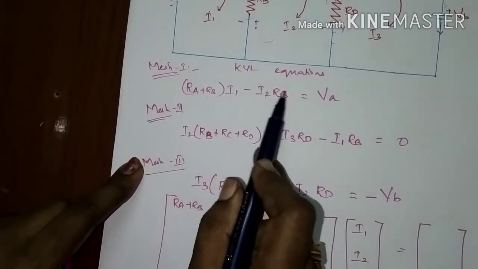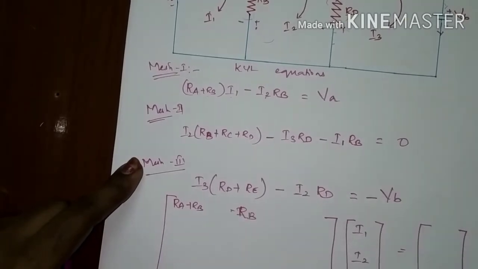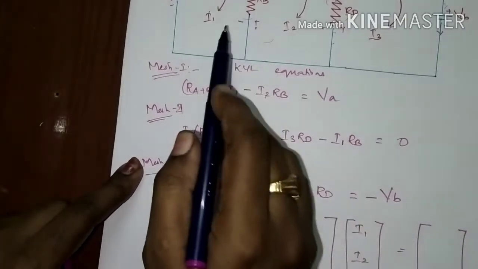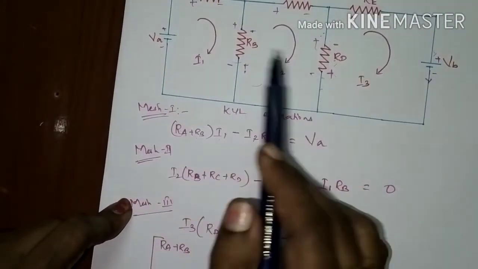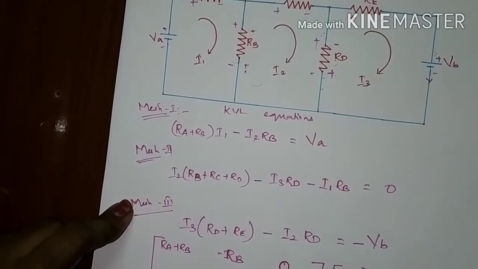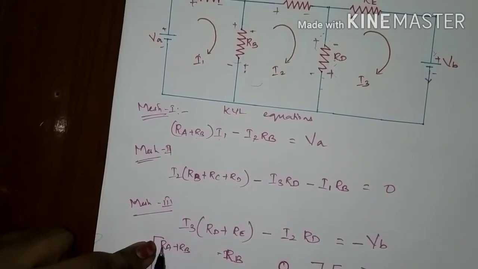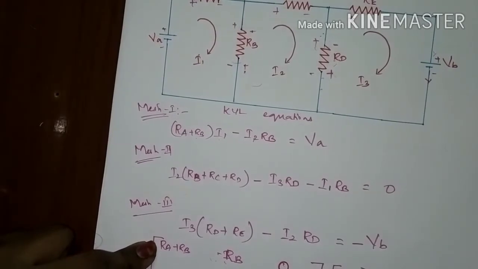I2 for the second mesh has minus RB. The third current I3 is not flowing in the first mesh, right? And there is no resistance common to the first and third meshes, so that entry is 0. This is the resistance for the first mesh, this is the common resistance for the first and second mesh, and there is no common resistance for the first and last mesh, so it is 0.